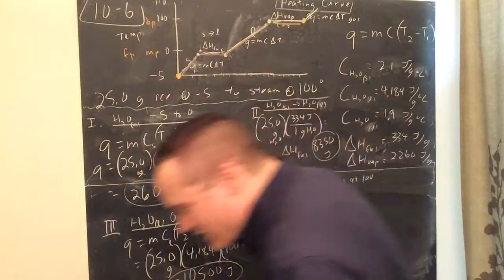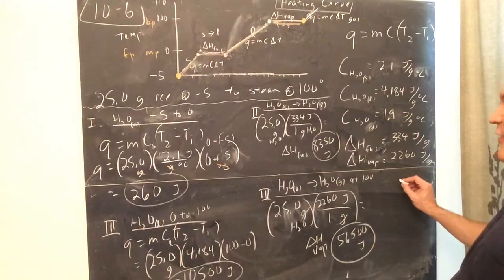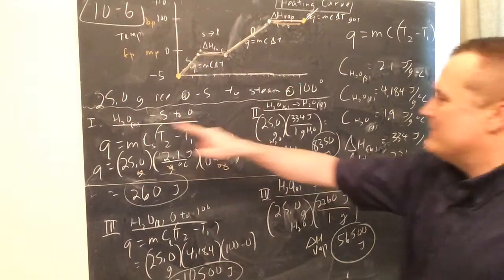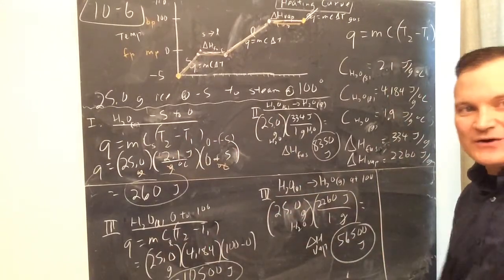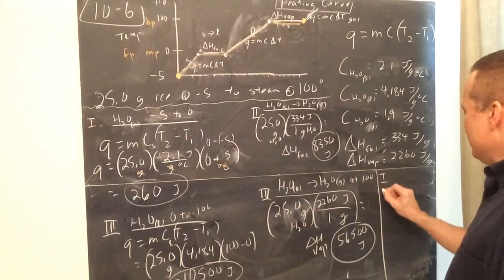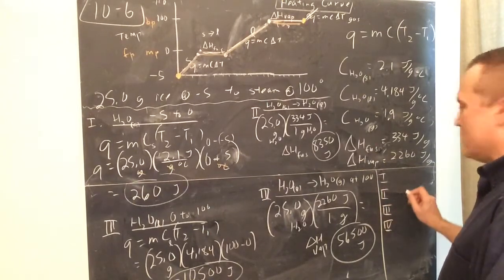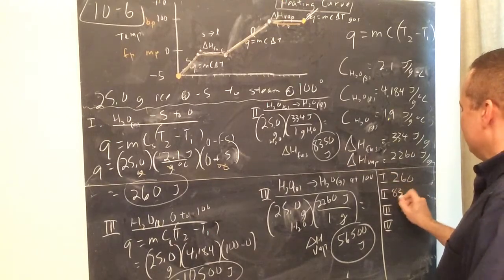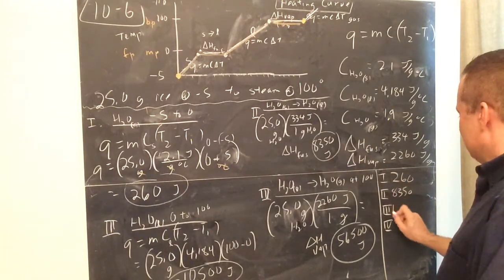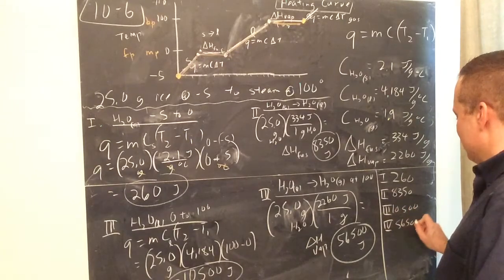Are we finished yet? No. The question was, determine the total amount of heat. So I need to add all 4 numbers together. Step 1, step 2, step 3, and step 4. So I'll try to do it here in the corner. 260, 8350. Well, I'm not really lining them up. 10,500, 56500.